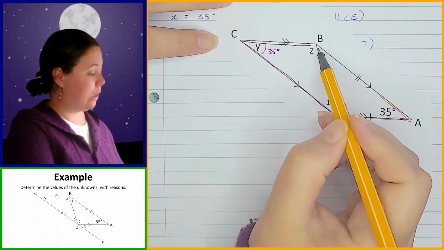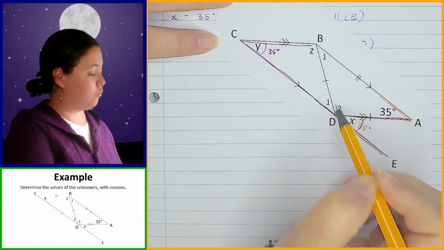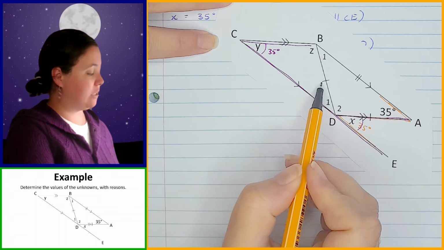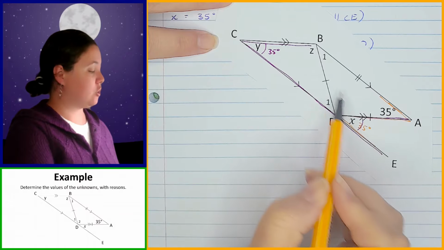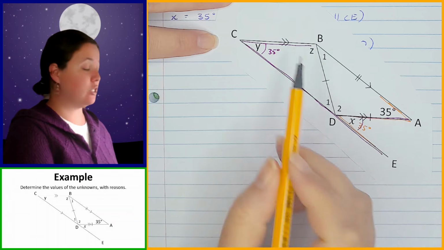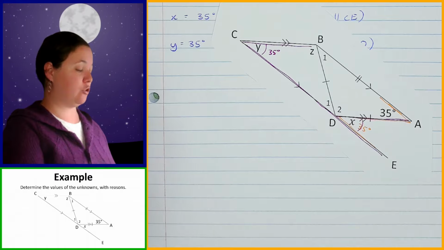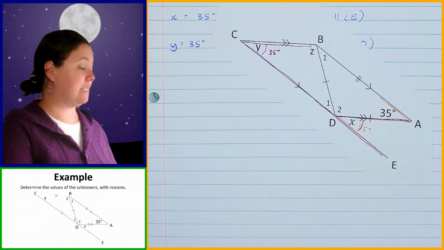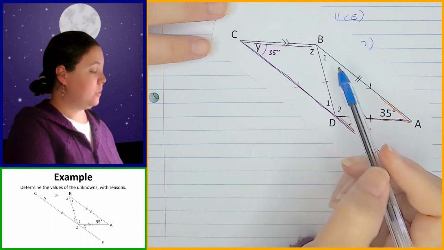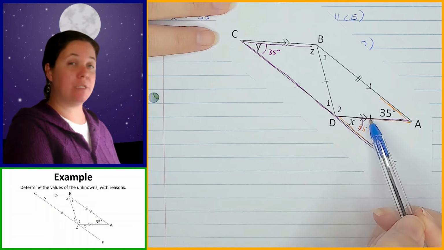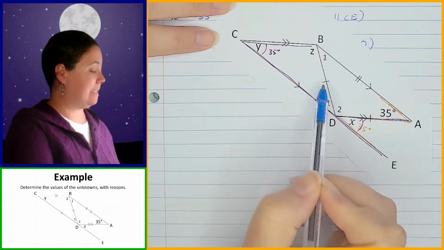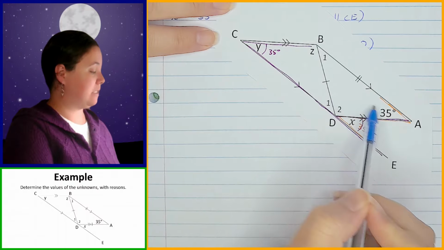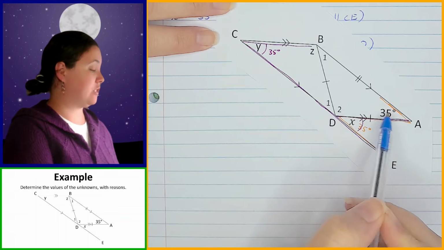Now, if you look at B1, it is inside this triangle where they've told us that this is equal to that. So I've got a triangle with two sides that are equal. That means it's an isosceles triangle. So the angles that are opposite those equal sides will be equal to each other. So angle B1 is opposite an equal side, and the other equal side is opposite this angle over here, angle A, which is 35 degrees.